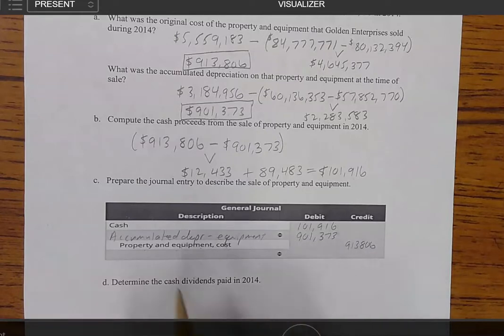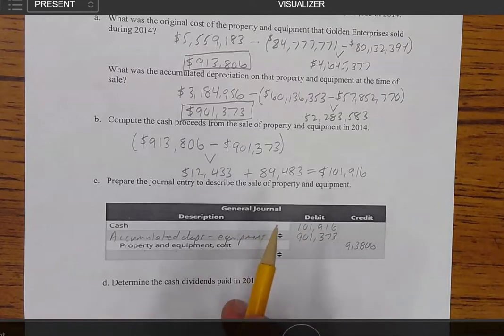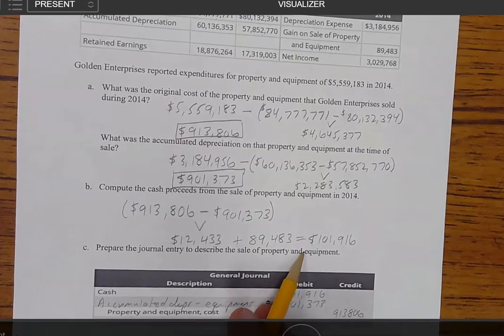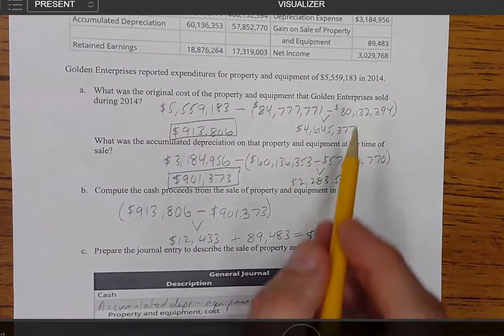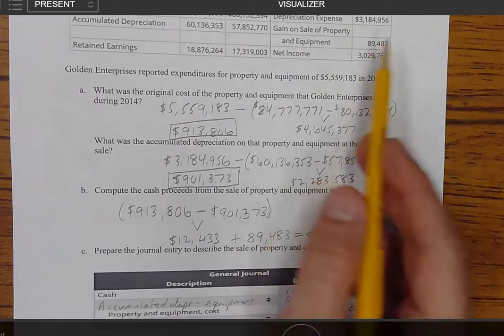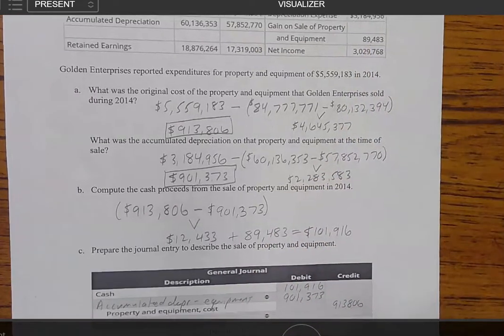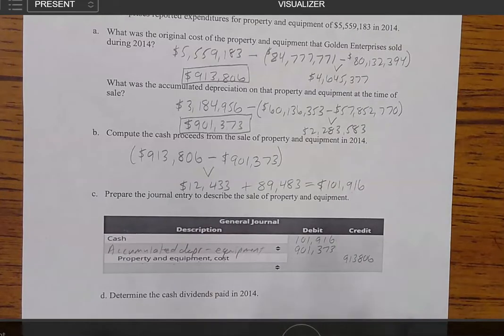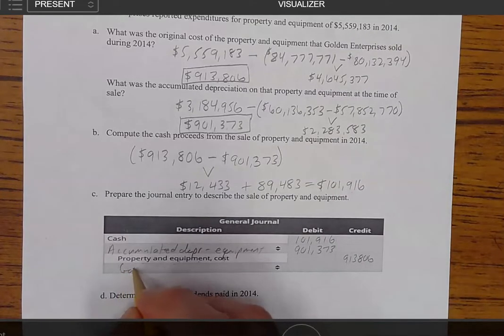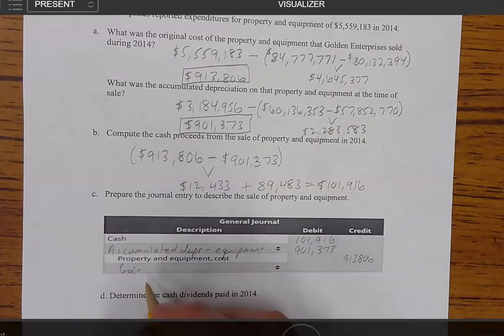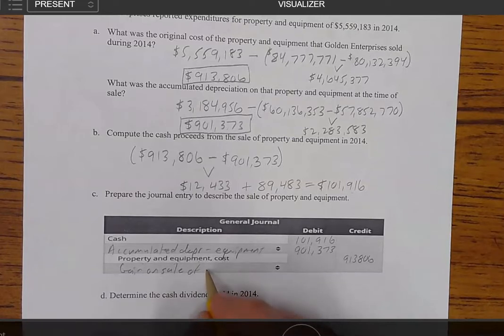over here on the right. And then finally, the last thing that we have to account for, I'll pull the paper down for just a moment, is this gain here of 89,483. And gains have a credit balance, so gain on sale of equipment.